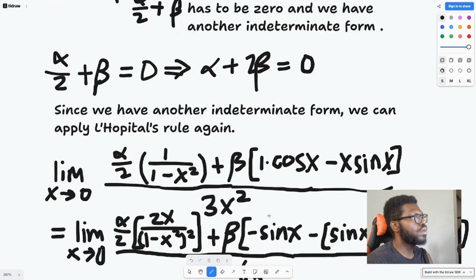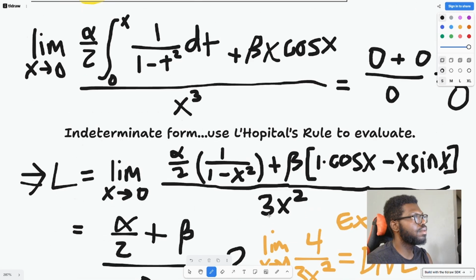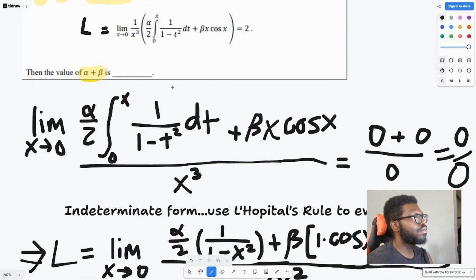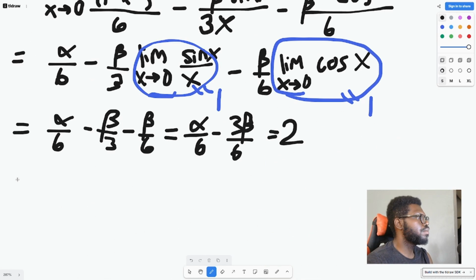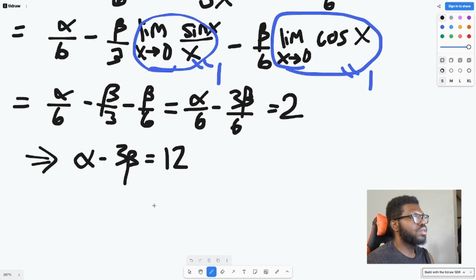If you remember from way back in the beginning of the problem, our original limit is equal to 2. Now, by multiplying both sides of this equation by 6, we get that alpha minus 3 beta is equal to 12. So applying L'Hopital's rule this second time gave us a second equation, and we didn't have to apply L'Hopital's rule a third time, even though we could have.